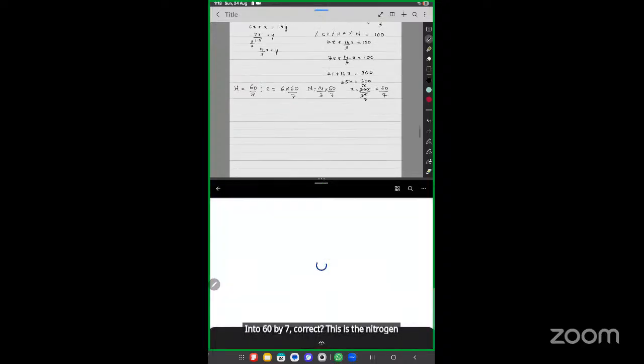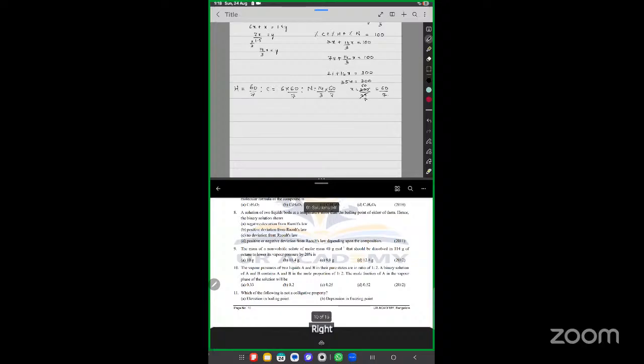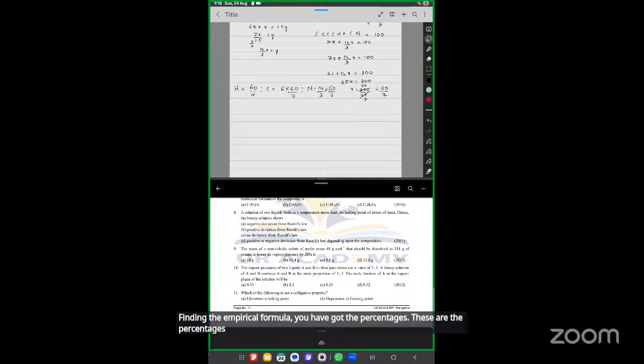Taking the ratios, what we need to find is the number of moles. For the empirical formula, you have the percentages. How to find the moles? Percentage divided by the atomic mass.